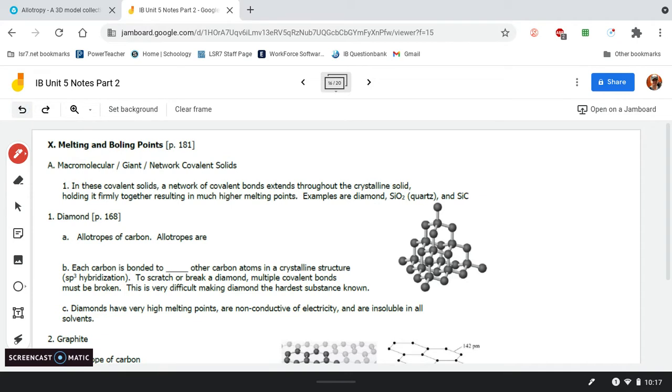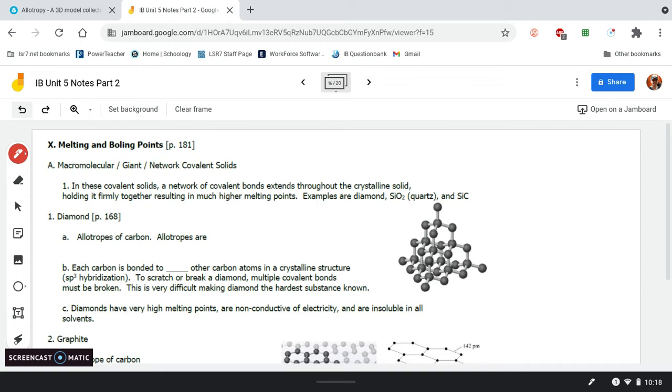So what happens is that you have things like carbon, which are nonmetals and are not particularly hard substances. For example, you have graphite if you're using a pencil to take your notes, and that's graphite, not a particularly hard substance. But in certain situations, you can take something like carbon, which is not a metal, and create something that's really, really hard, has extremely high melting points, such as a diamond.